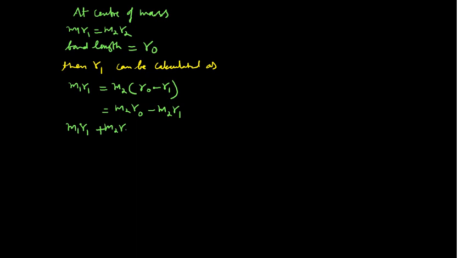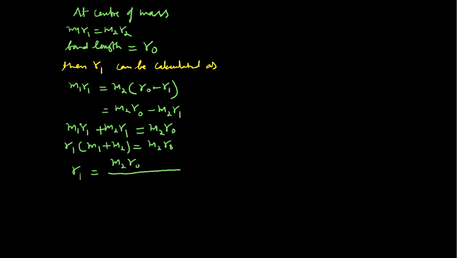We will put M2 R1 here, that would be equals to M2 R0, right? There is no problem in that. Again, R1 is common, you can take R1 common. So this would be M1 plus M2 equals M2 of R0. So from here you can get R1 equals M2 R0 divided by M1 plus M2. Say this is equation number 3.